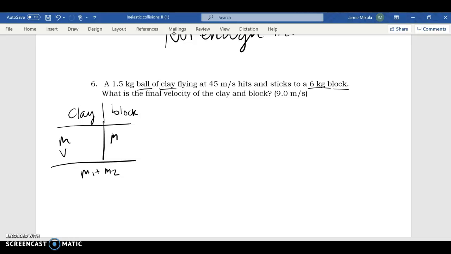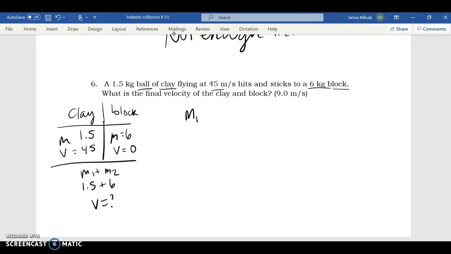So we should have a velocity of both of these. The clay is 1.5 mass, and the block is a mass of 6. It says the clay is flying at 45, so that's going to be initial, and it sticks, so the block is just sitting there. That's going to be 0. So we're going to do 1.5 plus 6 and trying to solve for the final velocity of them together at the end.